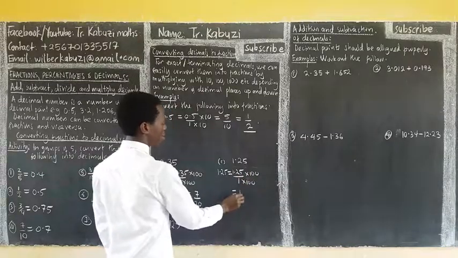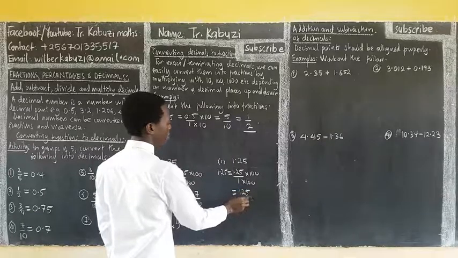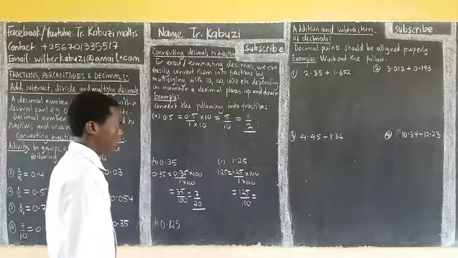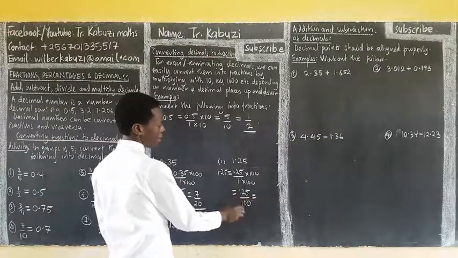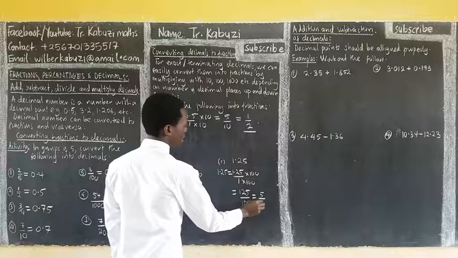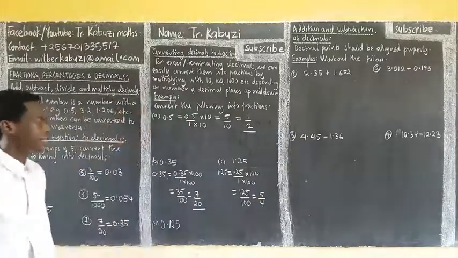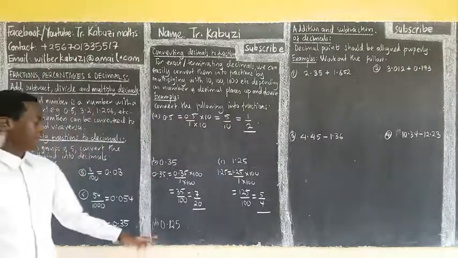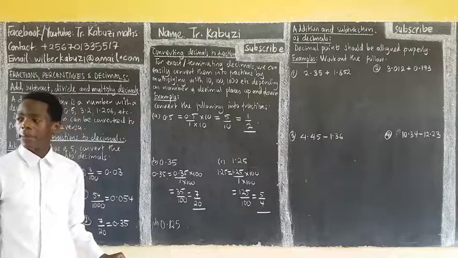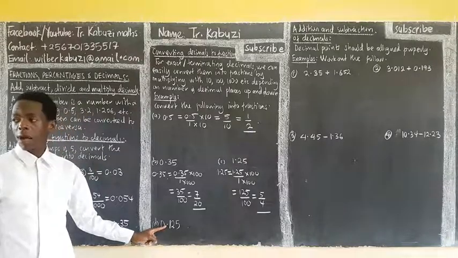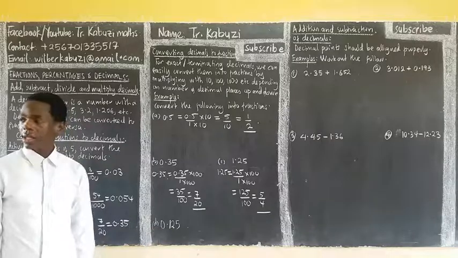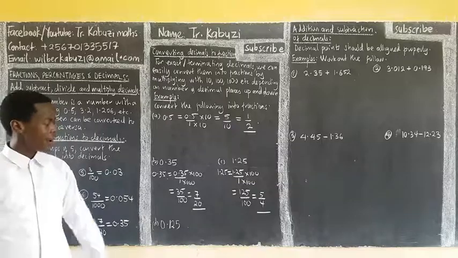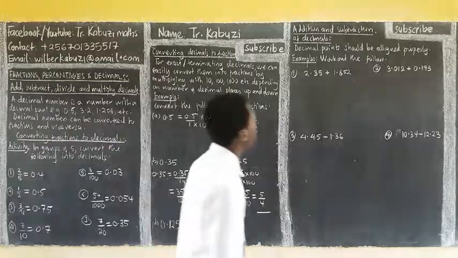Multiply by 100, you get 125 over 100. 25 goes here 5 times, 25 goes here 5 times. Then you can leave it there. So this is our fraction. Now for this last one, how many decimal places? After the decimal point, you count 1, 2, 3. So I'm going to multiply by 1,000 up and down. I'm going to give this as an exercise for you.